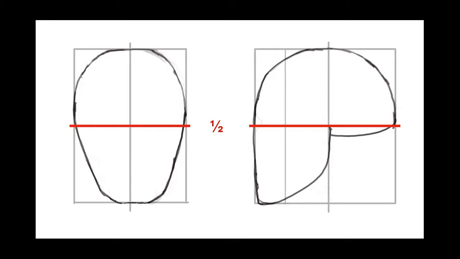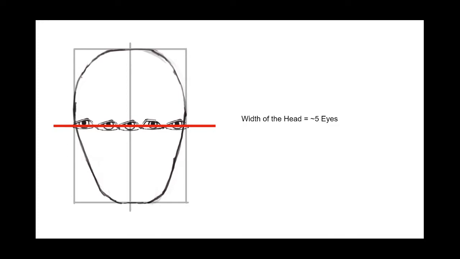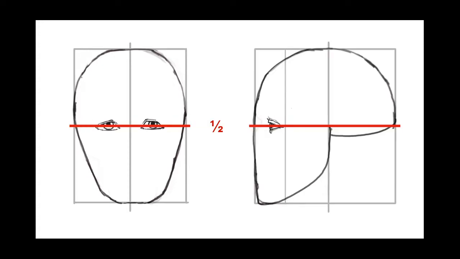So the eyes would be around halfway down the face. And just a quick general tip about the width of the eye: the width of the head is about 5 eyes, as you can see by this weird, creepy picture. So that's about where the eye line is.